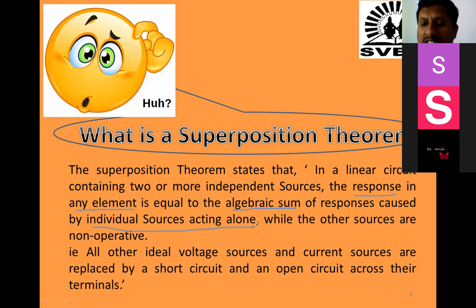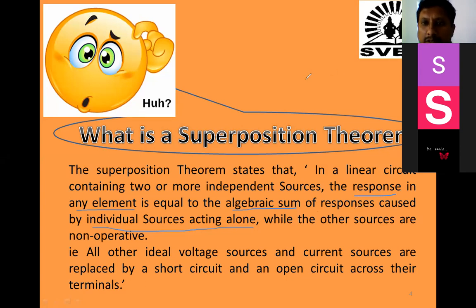Non-operative meaning what? That is, all other ideal voltage sources are replaced by short circuit and all ideal current sources are replaced by open circuit across their terminal. Now I will explain this point so that you can understand the concept of this second line and third line.